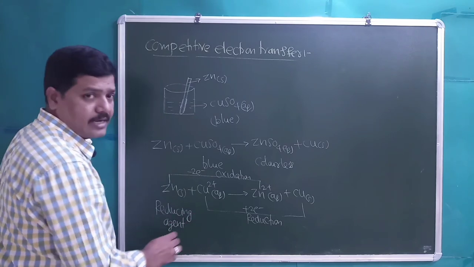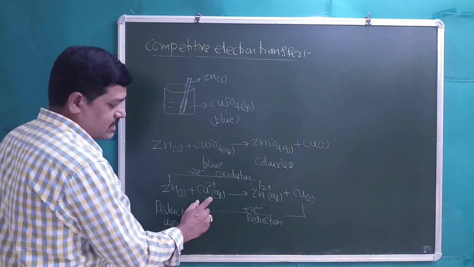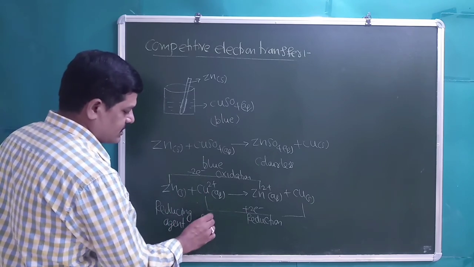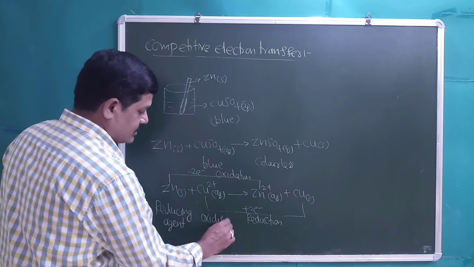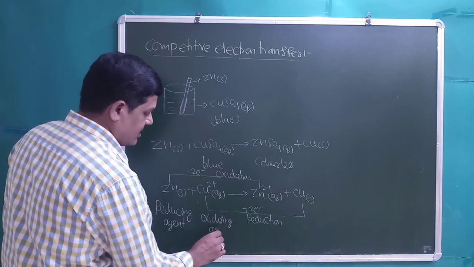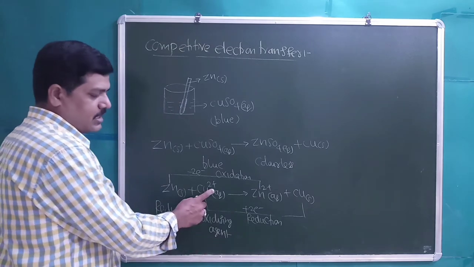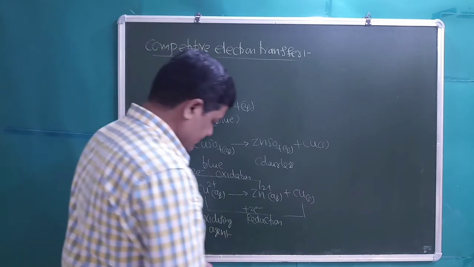The reagent which itself undergoes reduction and oxidizes the other is called the oxidizing agent. In the given reaction, the reducing agent is zinc, and the oxidizing agent is Cu2+.